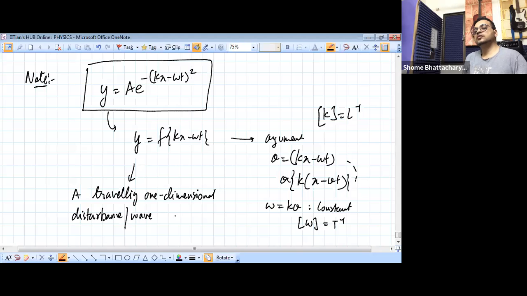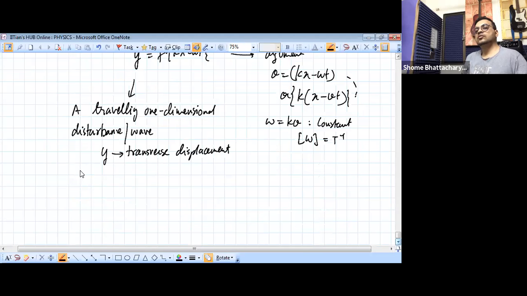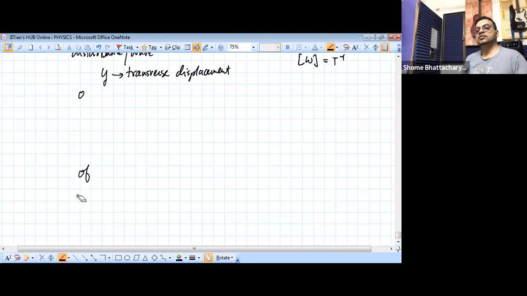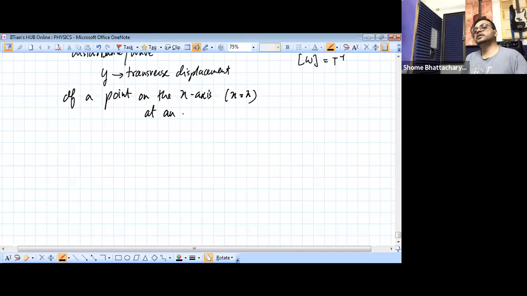or wave, where y is the transverse displacement of a point on the x-axis at an instant, that is t equal to t.